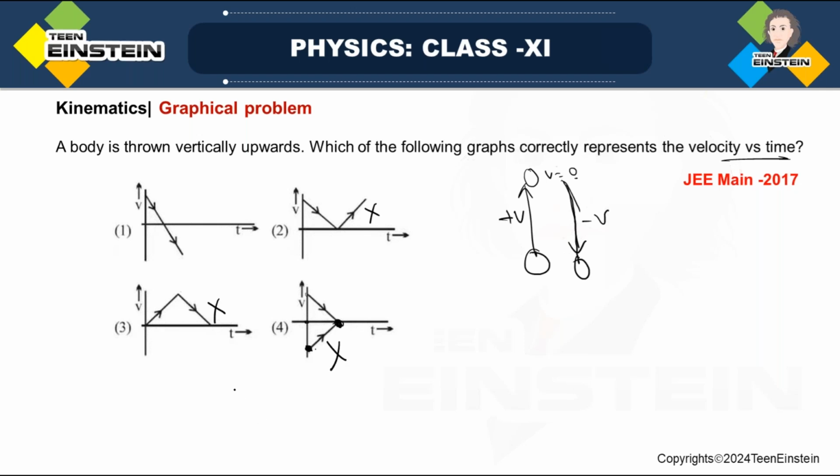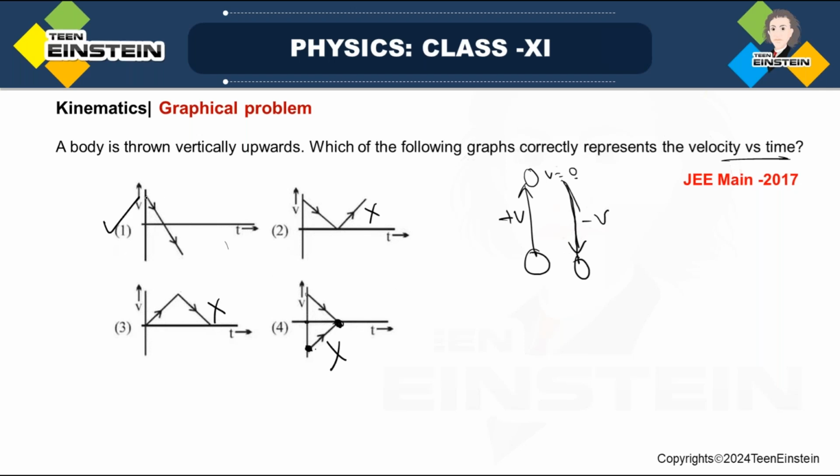It is starting at maximum height, so it should not start with maximum velocity. Velocity will be zero initially. So option 1 will be the correct answer for this question.